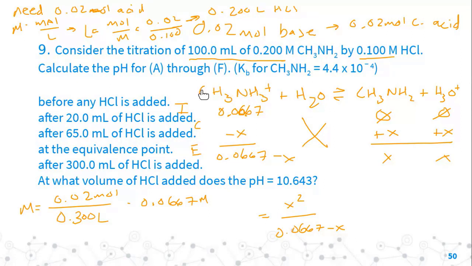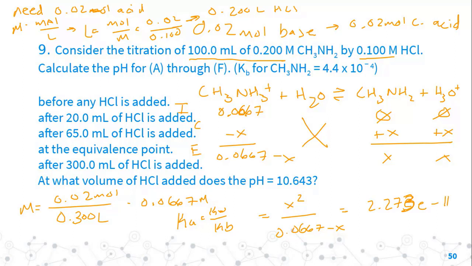Ka is for acids, Kb is for bases. So we're going to use Ka, which is Kw over Kb. I'm just going to write it out for you, but you guys know how to solve it. It's Kw divided by the Kb we're given. Oh sorry, this should be a 3. Then e to the negative 11.